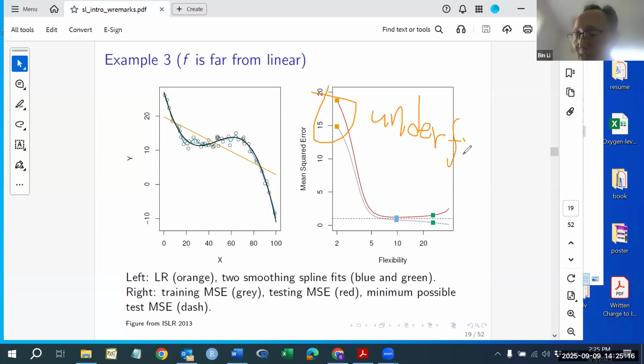So if you understand overfitting, I think it's not difficult for you to understand underfitting. Okay? So underfitting is what? Underfitting is just the opposite of overfitting.